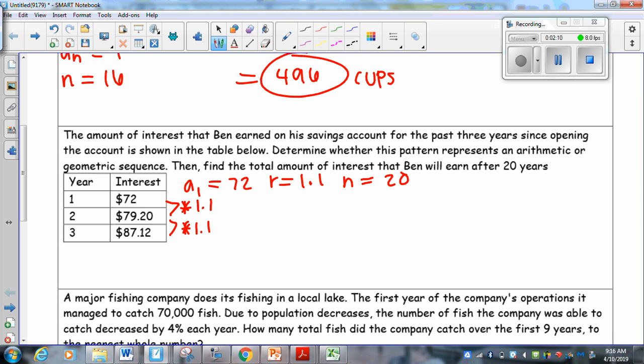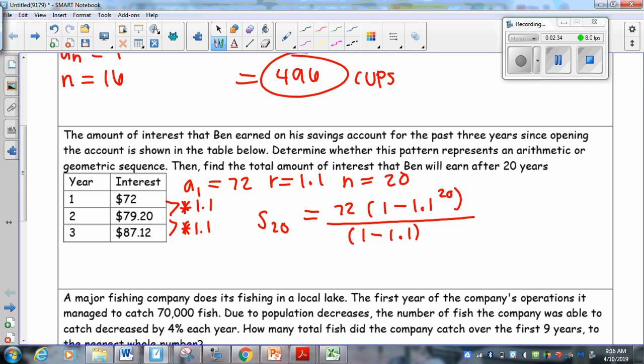We're going to use the geometric series formula for this. So S sub 20 equals 72 times (1 minus 1.1 raised to the 20th power), all divided by (1 minus 1.1).